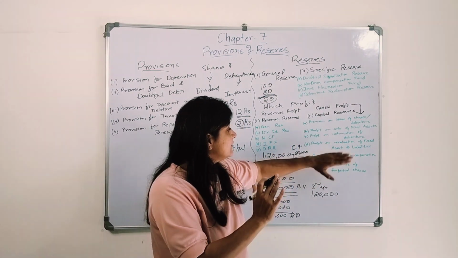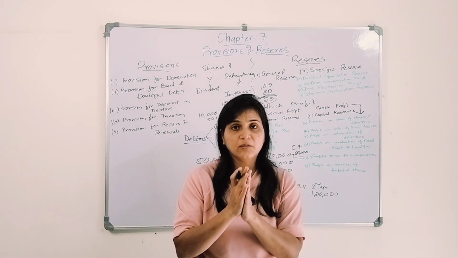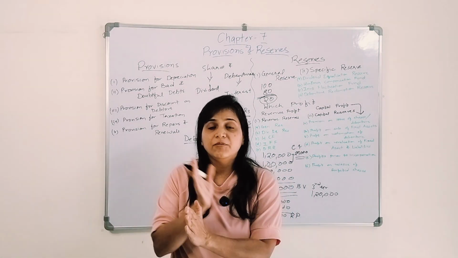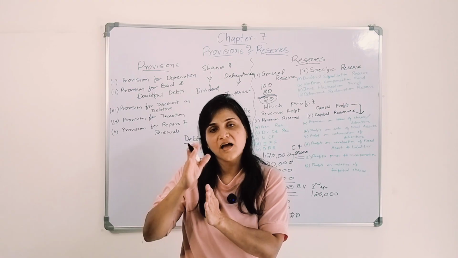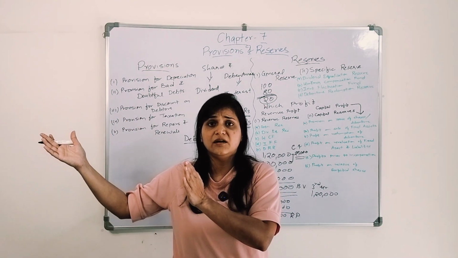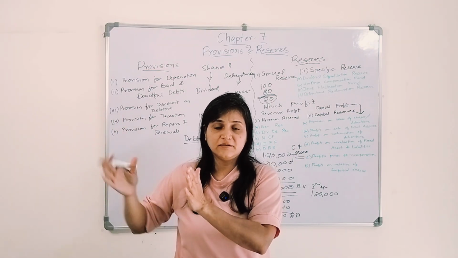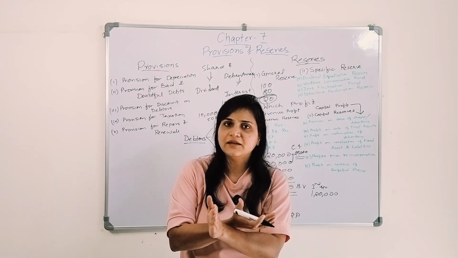Next is profit prior to incorporation. The business starts, and after that the business carries out its activities, and only then will it earn income, right? They will gain profit or incur losses. Before that, how can they do it?